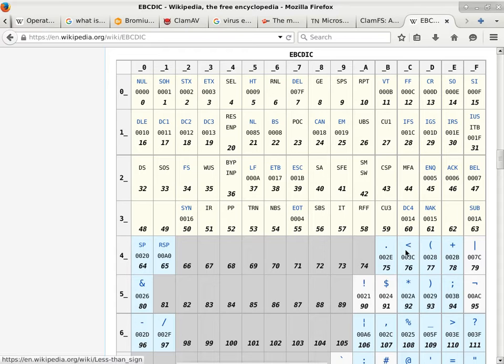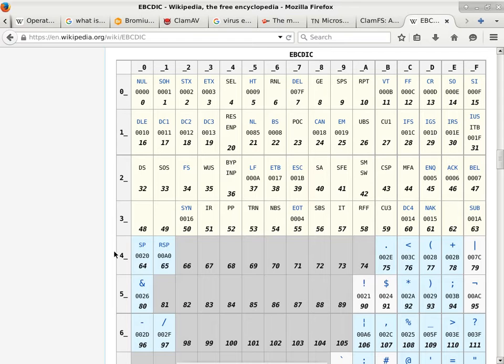If you want to find out what is less than, I put a cursor right here. So the less than symbol is represented by 3C here, but I don't see why it's a 3C. I think that's probably ASCII.